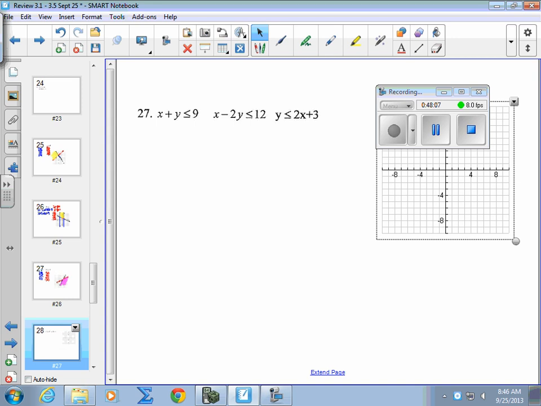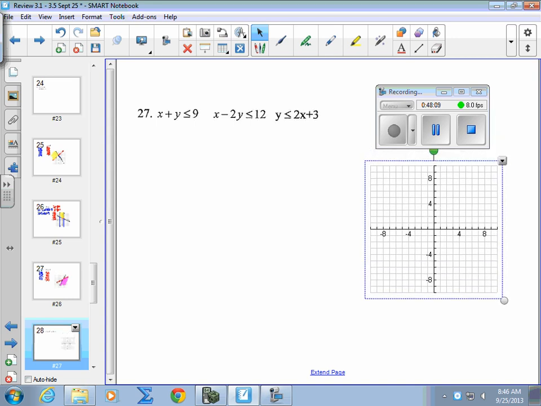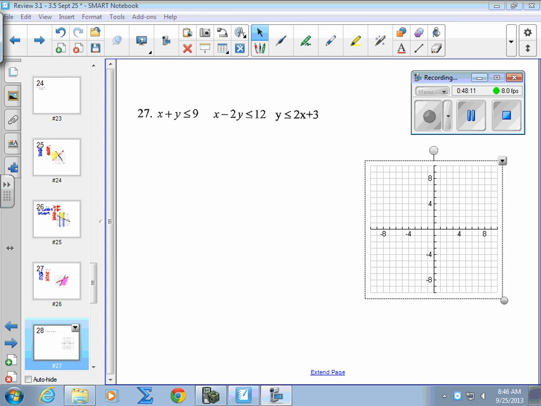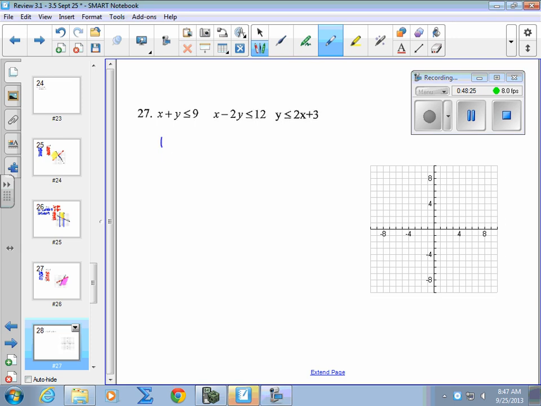On to 27. At 27, what are you asked to do? Are you asked to find the vertices of 27? So we're going to graph these three lines and then find the vertices. Those are the points where the lines intersect. We have y is less than negative x plus 9. For our first equation of inequality, we have 0 and 9.